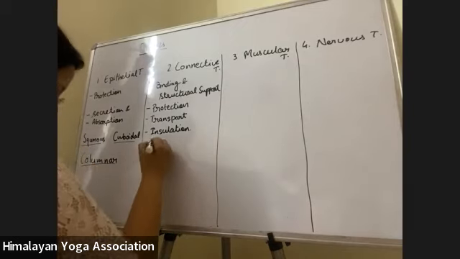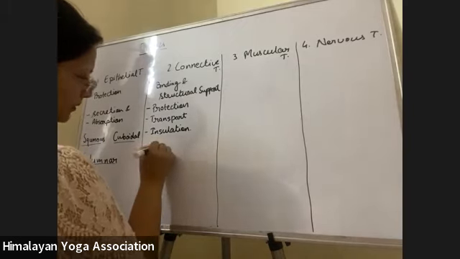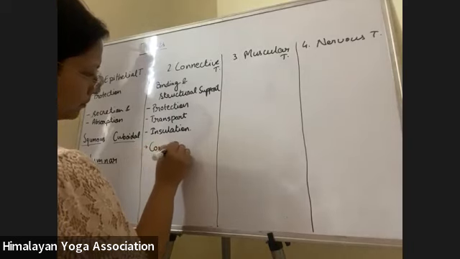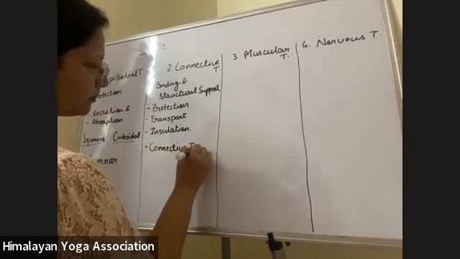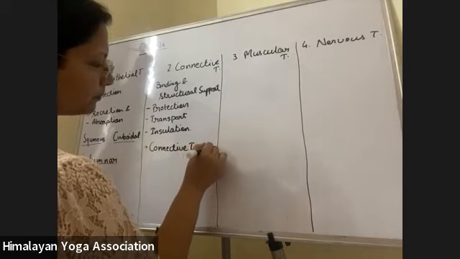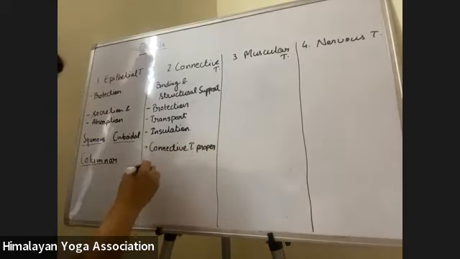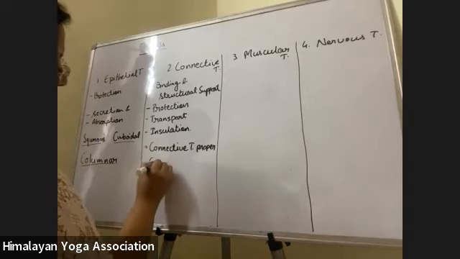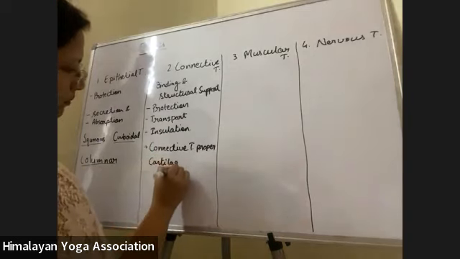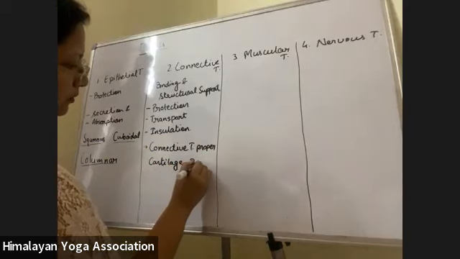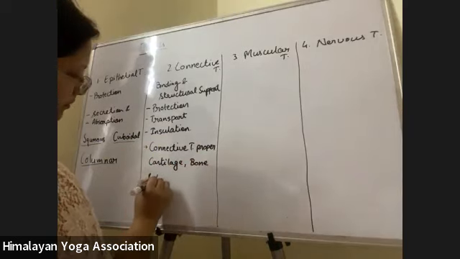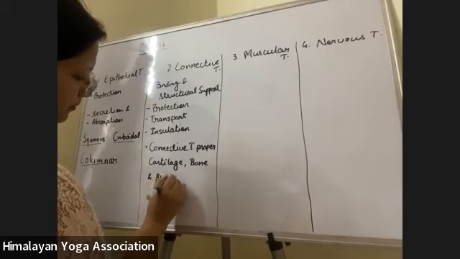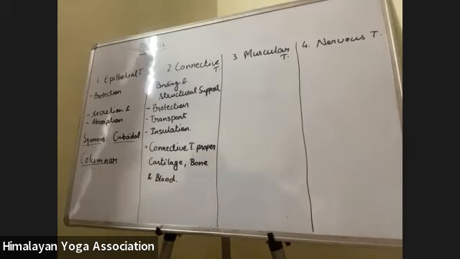We have connective tissue proper, then cartilage, bone, and blood.